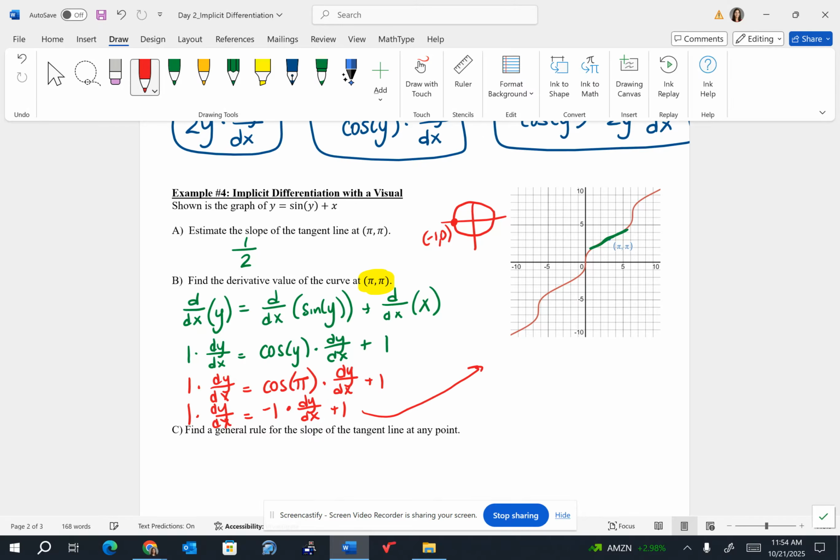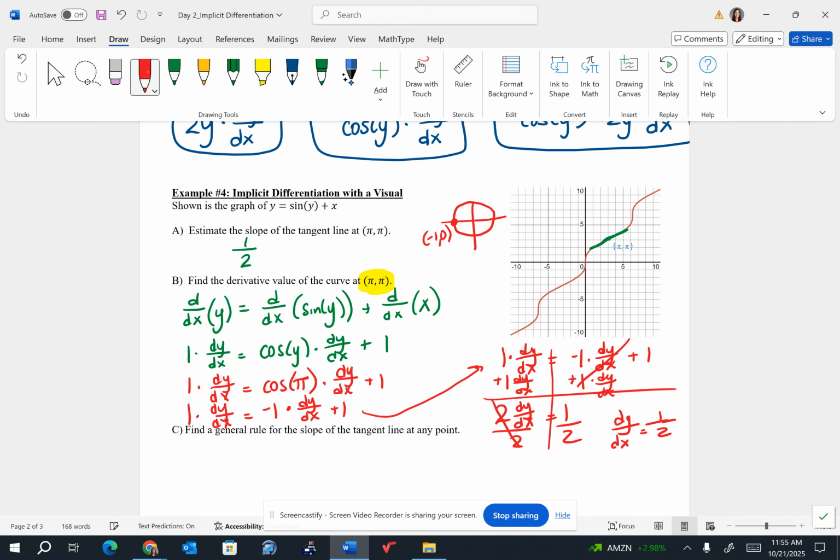So I want to make sure to get all the dy dx's over to the same side. So I'm going to go plus 1 dy dx on both sides, which makes a grand total of 2 dy dx equals 1, and then I divide both sides by 2, and sure enough, that's what our estimate was.